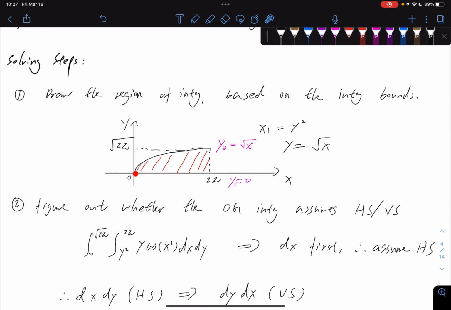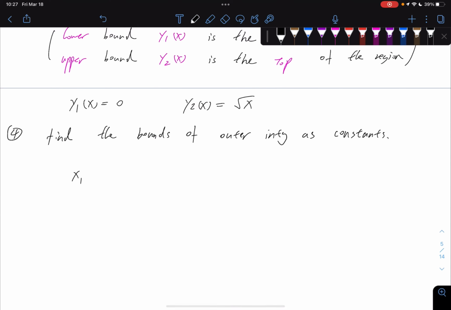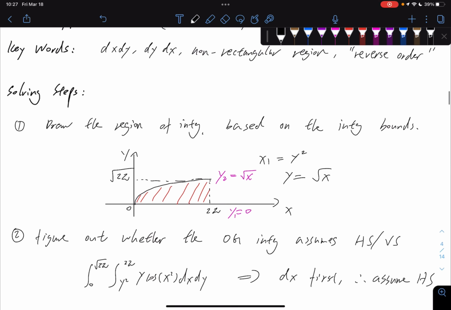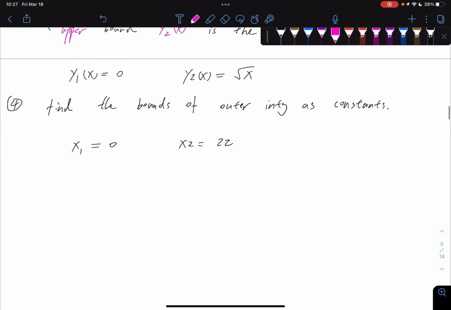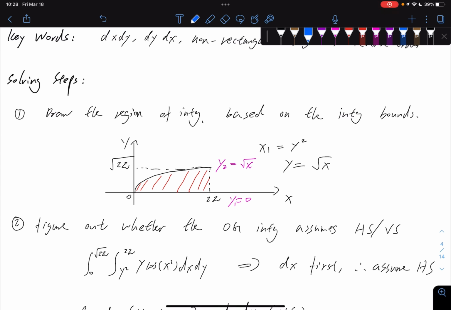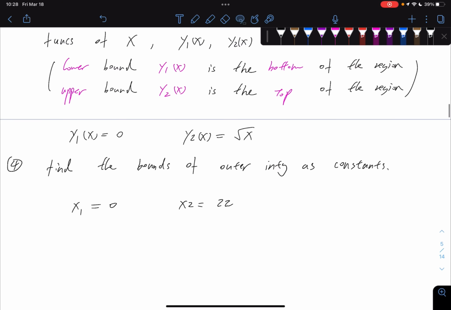We're just looking at what is the leftmost and what is the rightmost x coordinate. The leftmost coordinate is 0, and the rightmost coordinate is 2 pi. So x1 equals 0, and x2 equals 2 pi. Let me label it right here as well, using a different color. x1 equals 0, and x2 equals 2 pi. All right, let me label this pink, and then label this blue.